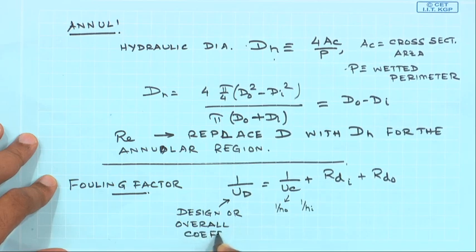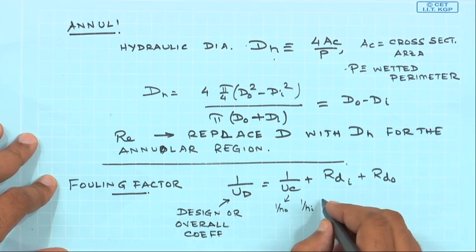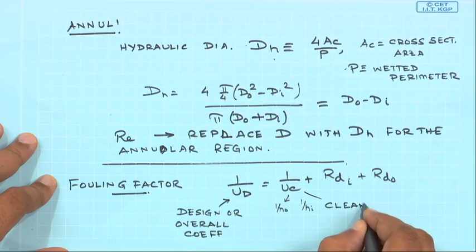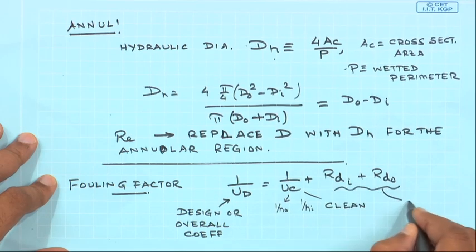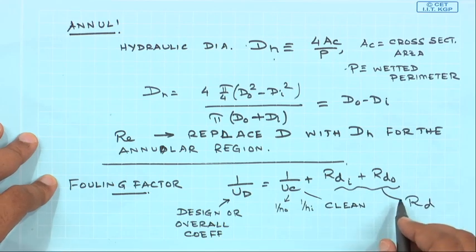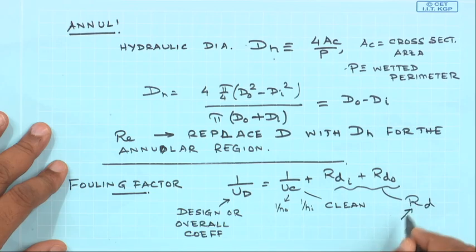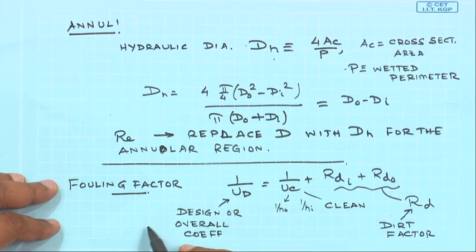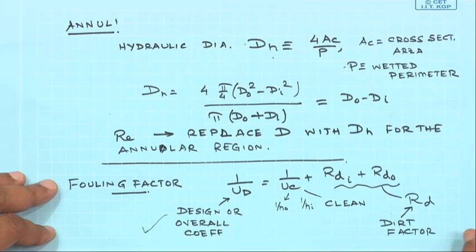These two together are sometimes expressed as R d, where R d is the dirt factor. So, this dirt factor and the clean coefficient together give us the overall coefficient which is to be used for all our design purposes.